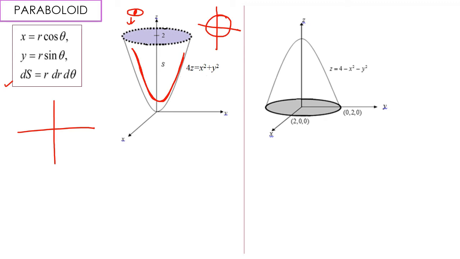If you sketch the equation of 4z equal to y squared, or y squared equal to 4z in two dimensions, y squared is positive quadratic, positive 4z.